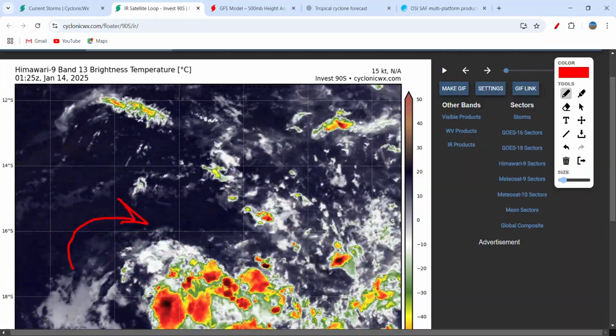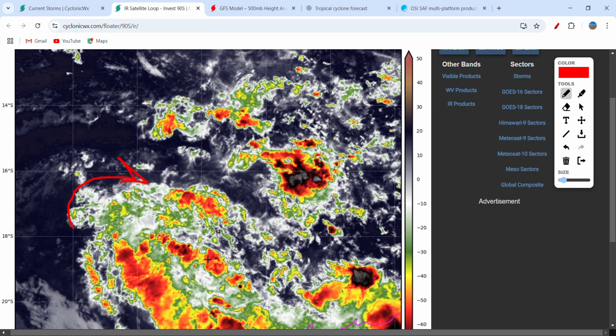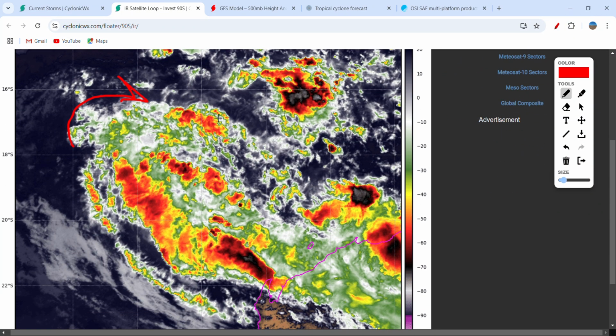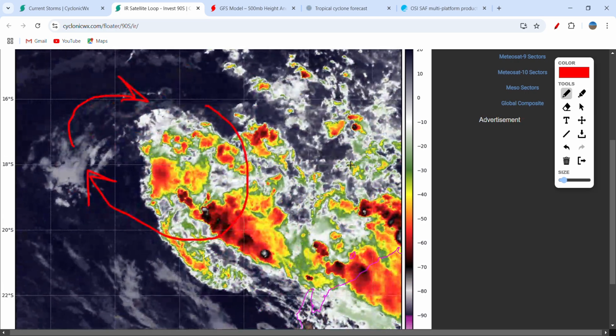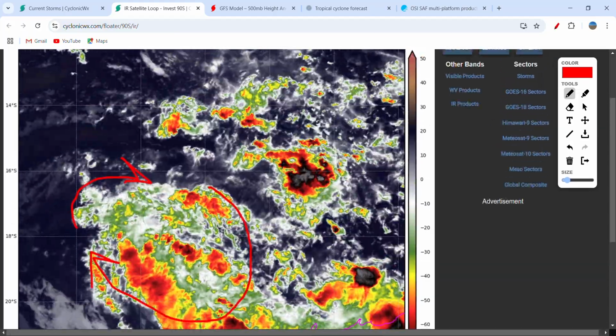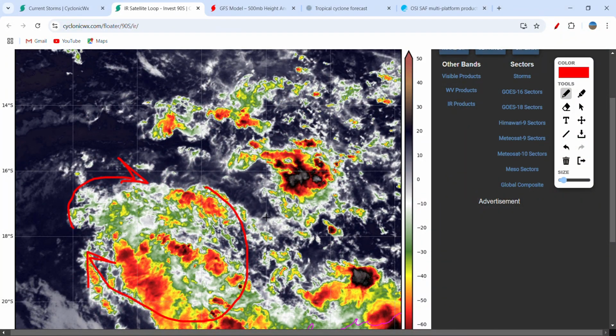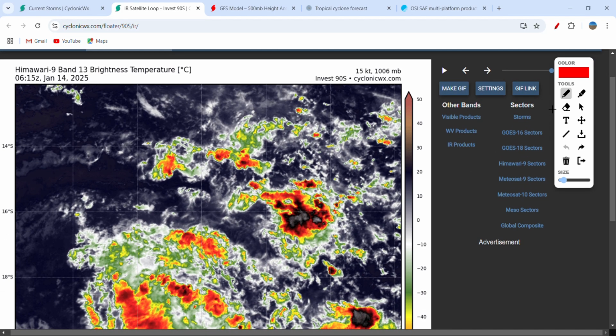So you might see a bit of an elongated, weak, low-level circulation kind of there. Probably something like that, if I'm not wrong. Yeah, that's kind of what it seems to be. We'll check if there's any new advanced scatterometer data, which we might be able to use to evaluate structured low-level circulation. But for now, let's use the available conventional imagery that we have.